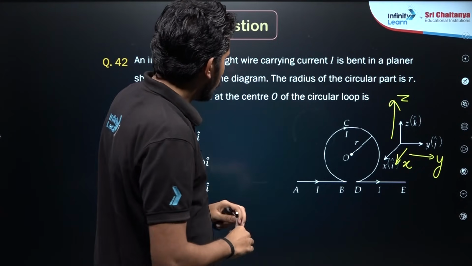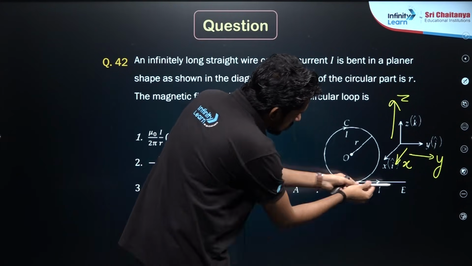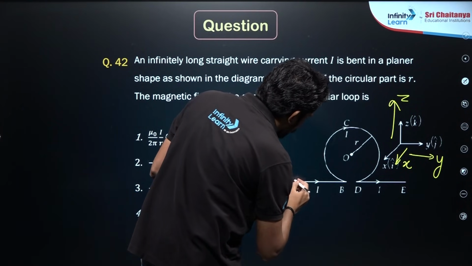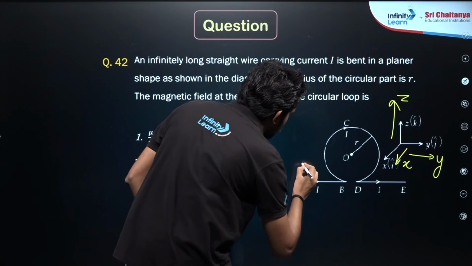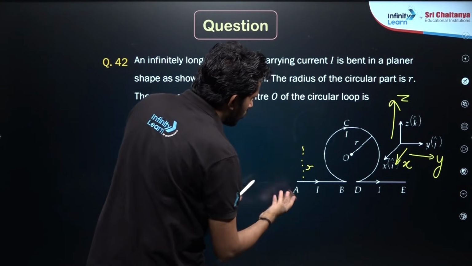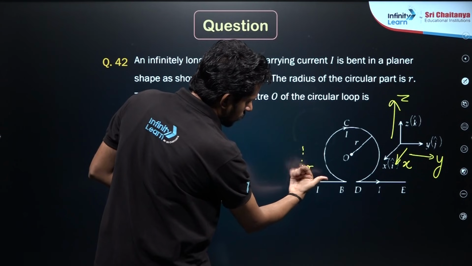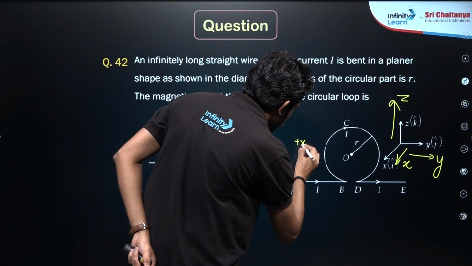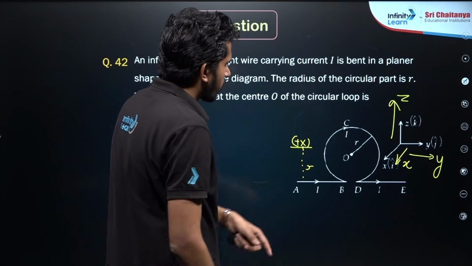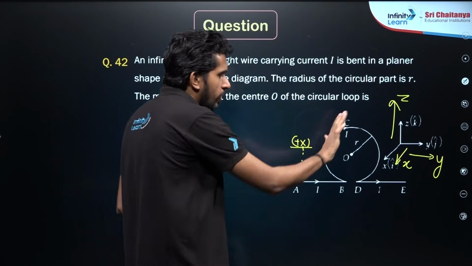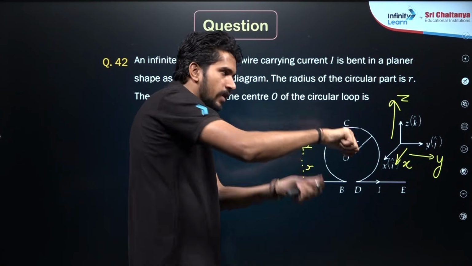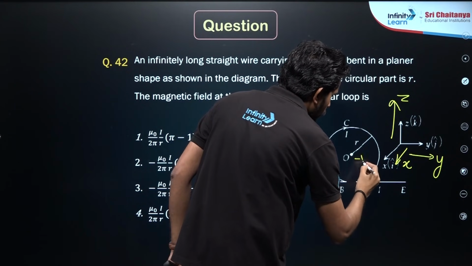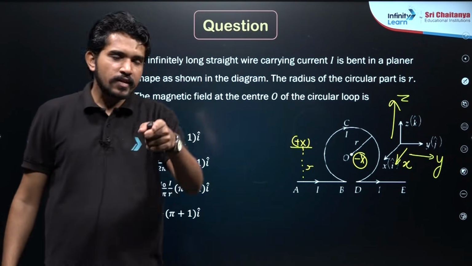Okay, now if we have current in this direction, so I am talking about magnetic field due to an infinitely long wire at r distance, that would be what? Yes, out of the plane, positive x, due to the wire. But due to the loop, that would be what? Inside the plane, minus x.